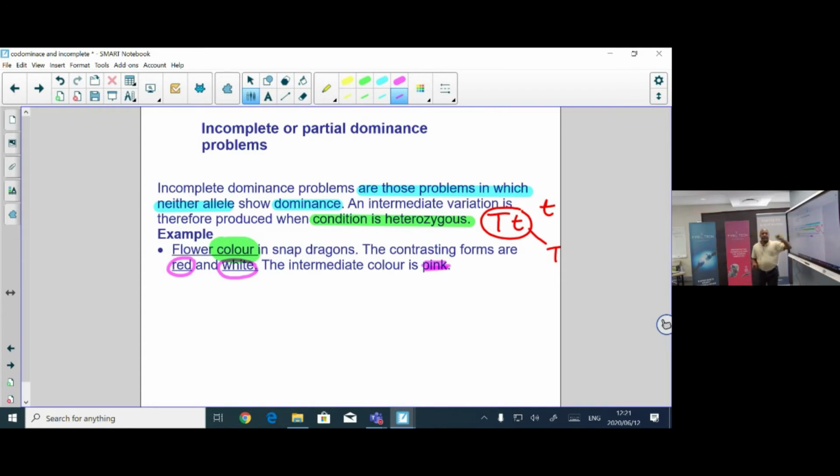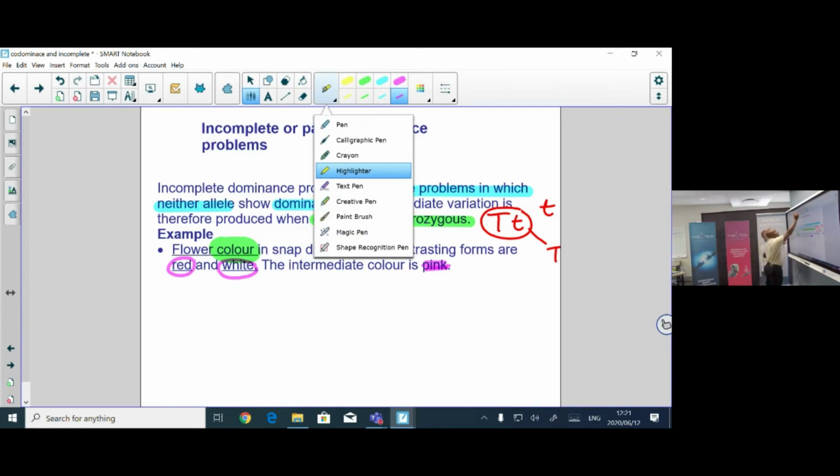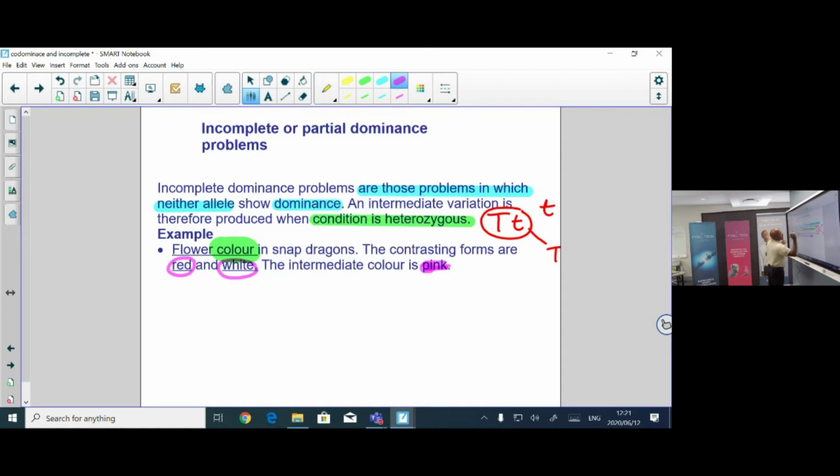We don't get white in our heterozygous. Rather, we get a blend. So the effect of red and white came out pink. That's partial dominance or incomplete dominance.